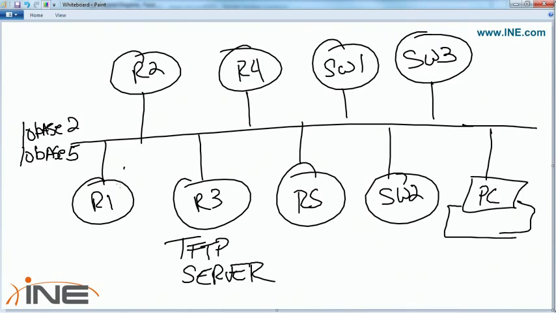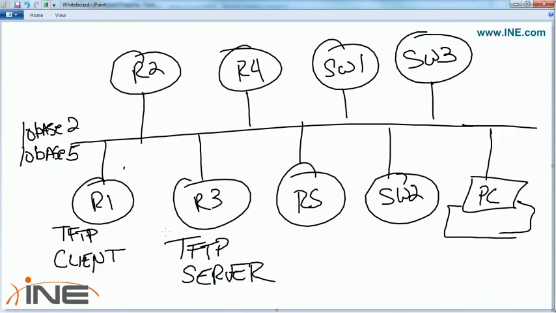So it's basically listening for someone to ask it for a file, which in this case the file I'm going to ask it for is its IOS image. So router 3 is going to be the server. Router 1 is going to be the TFTP client.